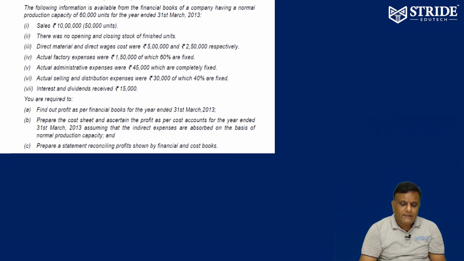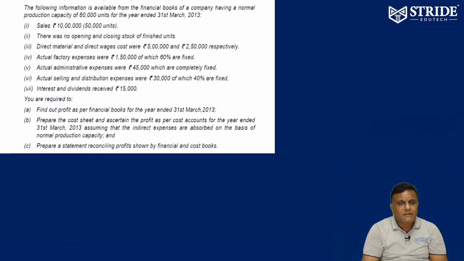The following information is available from the financial books of a company having a normal production capacity of 60,000 units for the year ended 31st March 2013. Sales 10 lakhs. 50,000 units are sold. There was no opening and closing stock of finished goods. Direct material 5 lakhs, direct wages 2.5 lakhs respectively. Actual factory expenses are 1.5 lakhs, of which 60% are fixed.